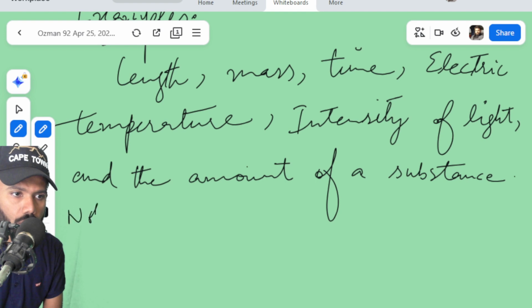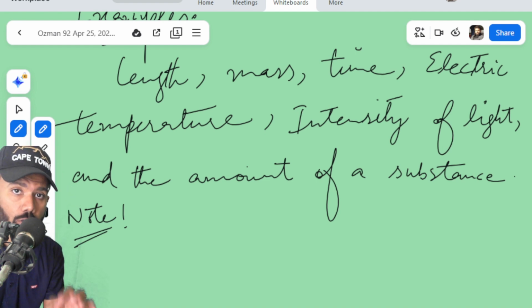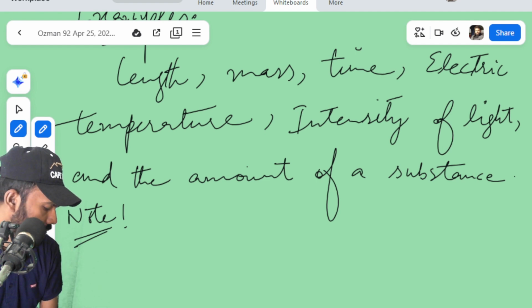So note down, base quantities form the foundation for other quantities.